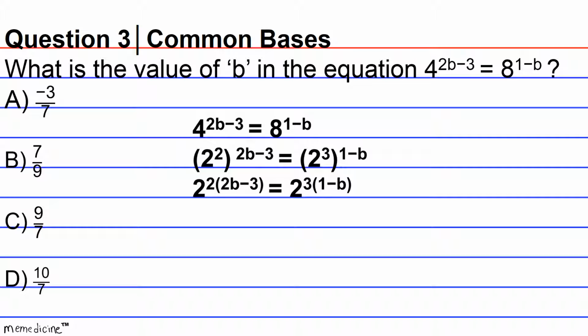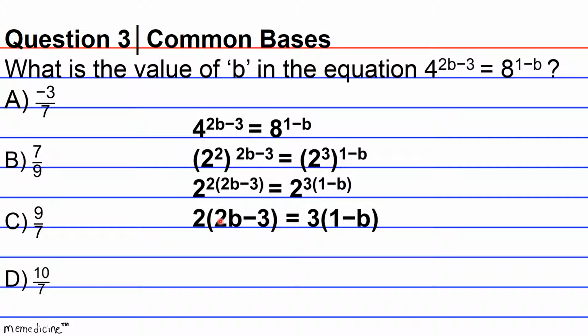So we can basically cancel out the bases and set the exponents equivalent to one another. When we do that, we bring down the exponents, cancel out the bases, and now we can solve algebraically for b.